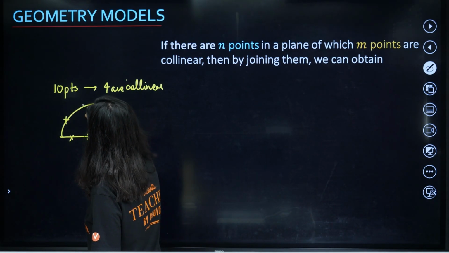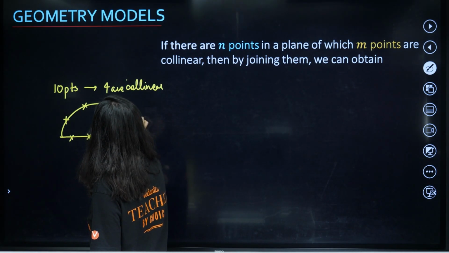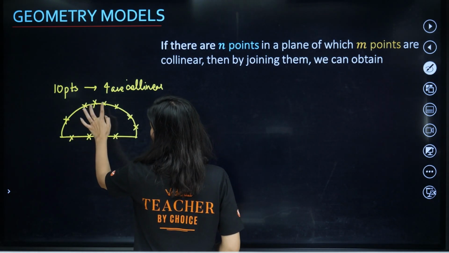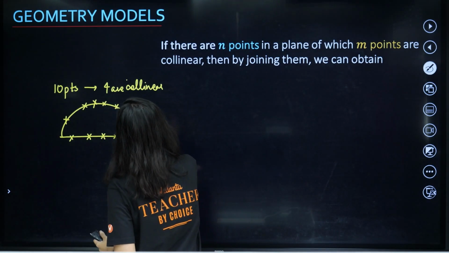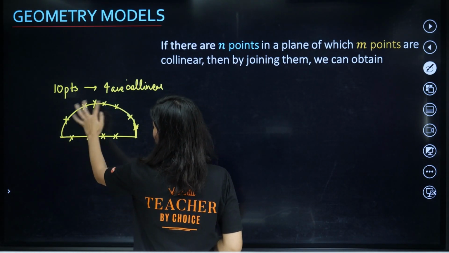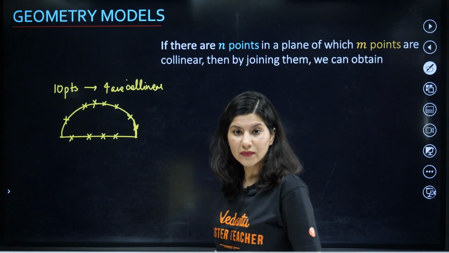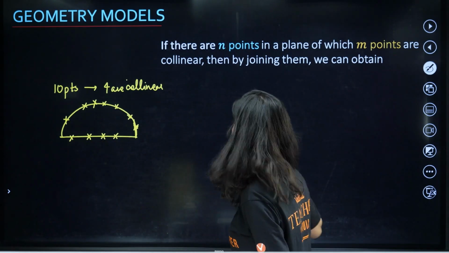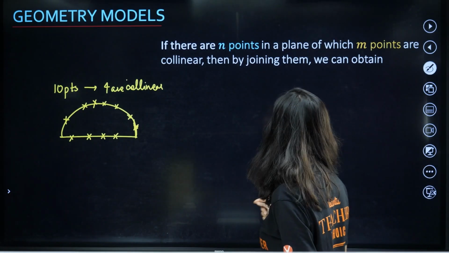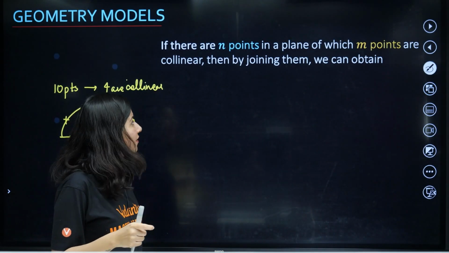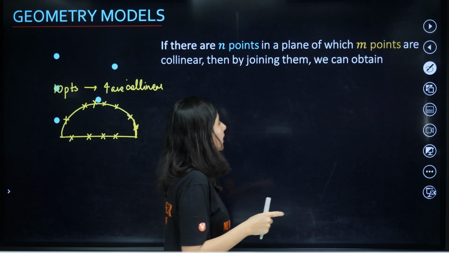And the non-collinear points, we can represent on a circle, right? So 1, 2, 3, 4, 5, 6. So 6 and 4. So there are n points in a plane of which m points are collinear. Then by joining them, how many can we obtain?